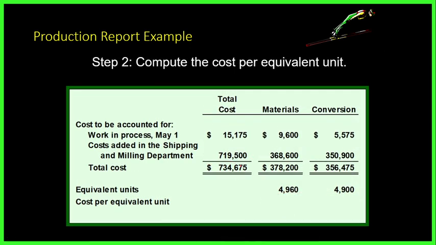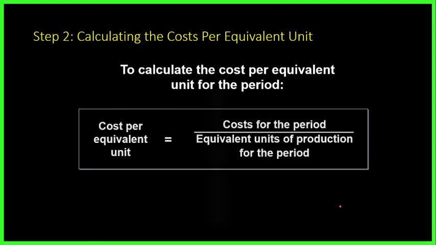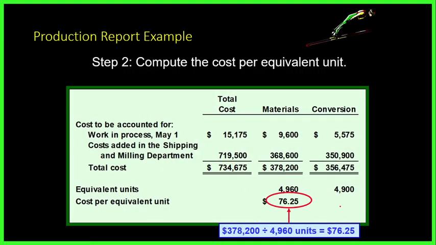That is the ending inventory times the percentage of completion for materials and conversion: 400 times 40%, 400 times 25%. There you go. Relax.